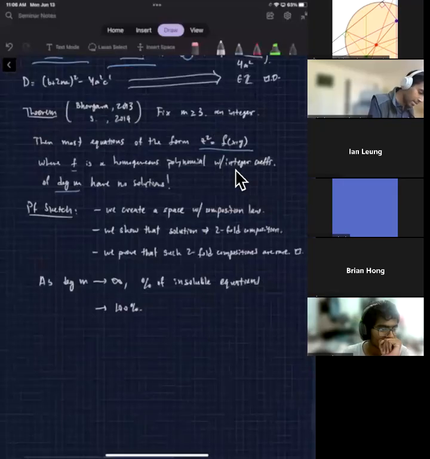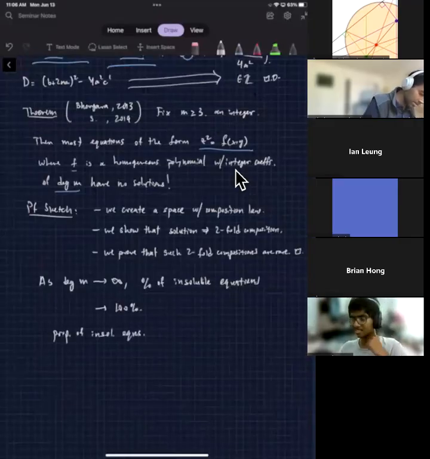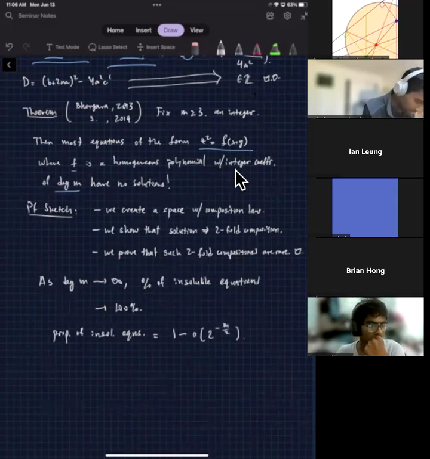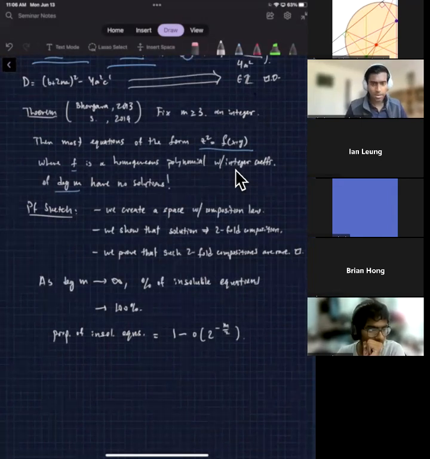And in fact, the proportion of insoluble equations is 1 minus little o of 2 to the minus m over 2. So what this means is that the proportion tends to 100% exponentially fast.